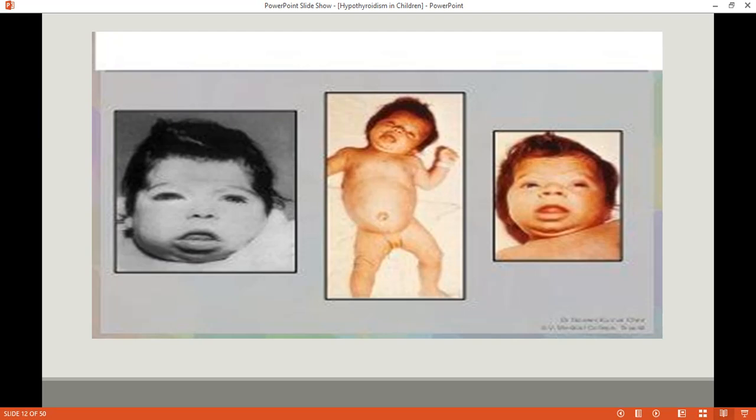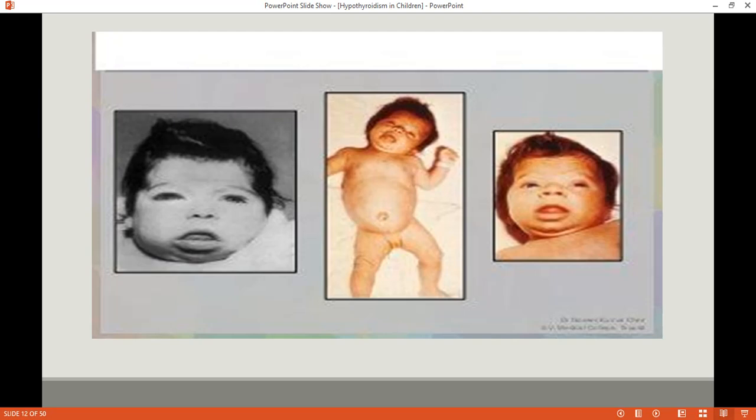As I explained the features, you can appreciate three pictures. In these three pictures there are coarse facies. The tongue is outside the mouth. There is macroglossia, the eyelids are swollen, and the eyebrows are apart.